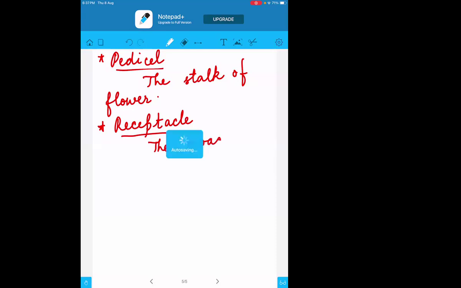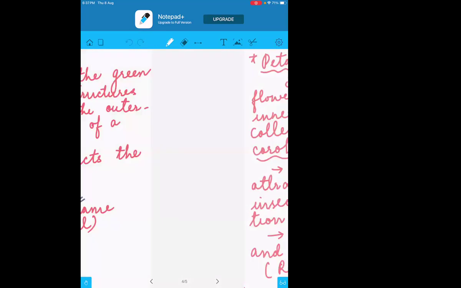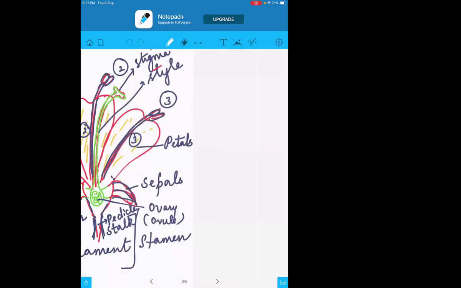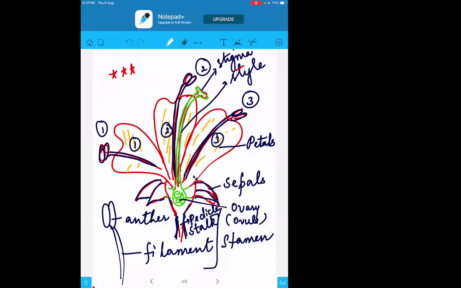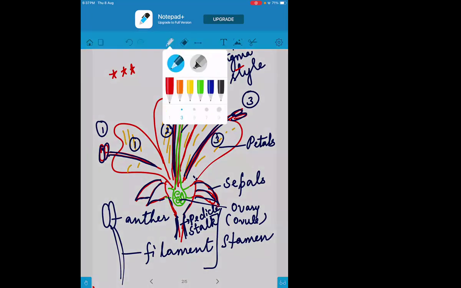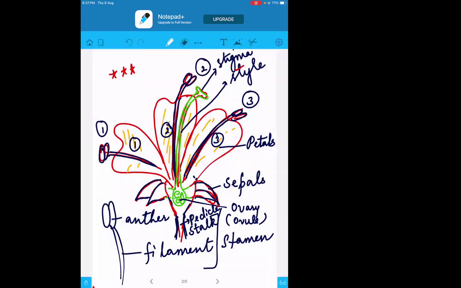Receptacles are basically the broadened base of a flower. In this picture, oh wait, I'll change the color. See this part where the bottom of the ovary is a little broad, that part is called the receptacle. It is at the tip of the pedicel. So this is the pedicel.